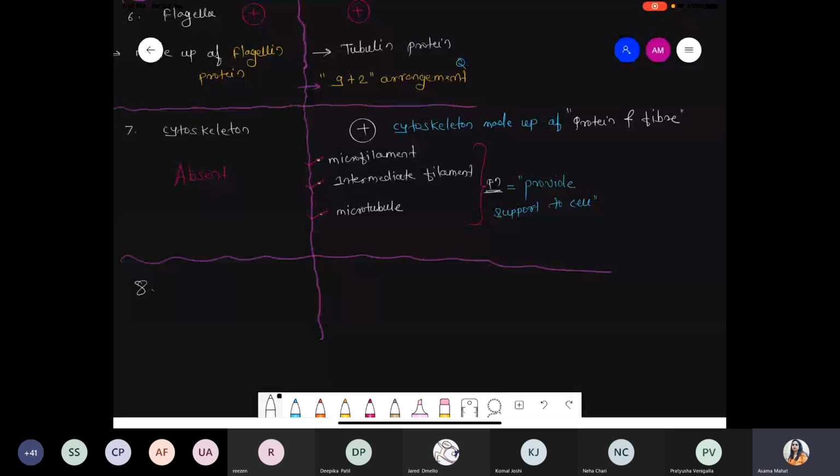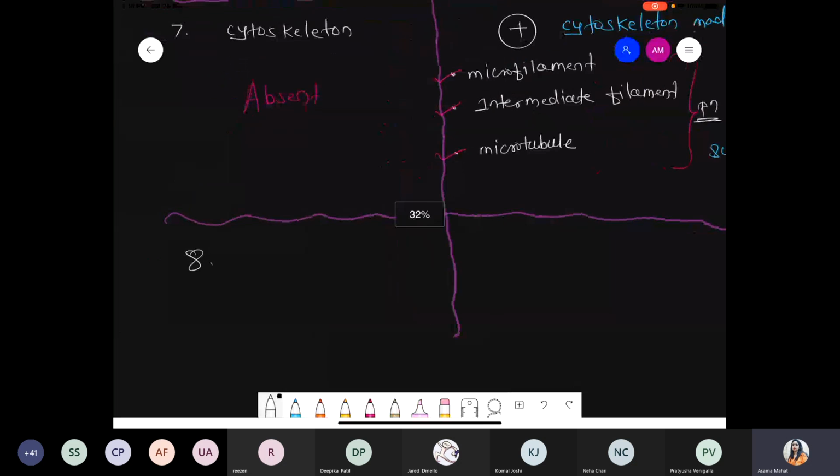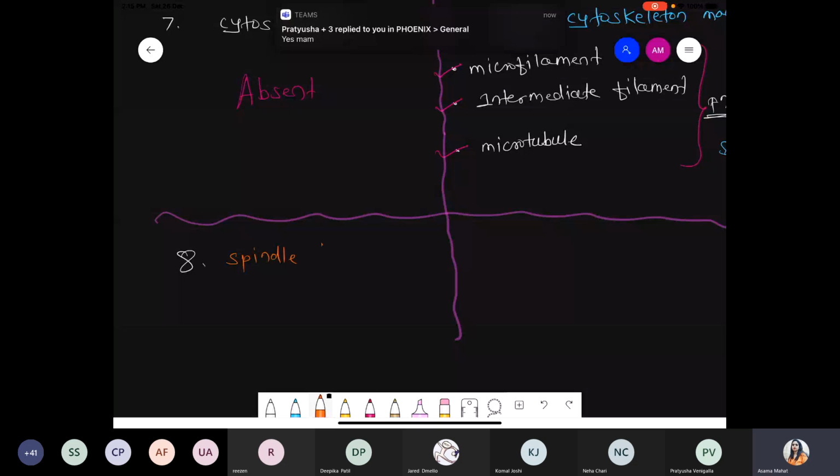After the cytoskeleton, the next one is spindle fiber formation during cell division.